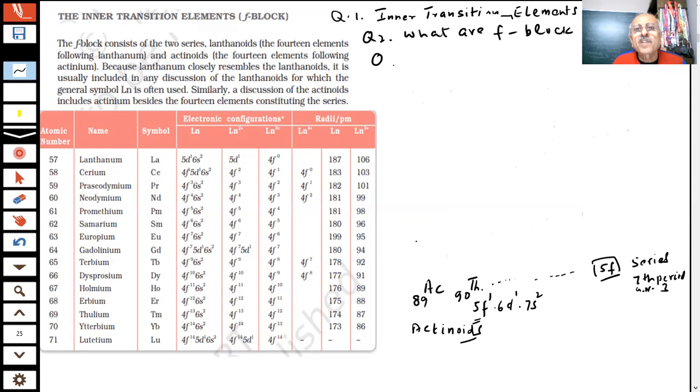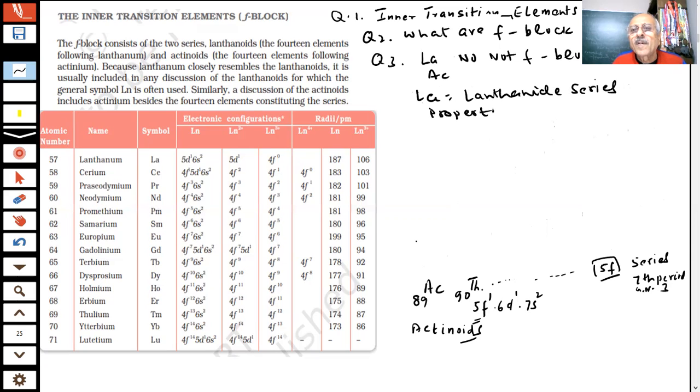Then we ask question number three: are lanthanum or actinium F block elements? No, they are not F block elements, but they have been kept in which series? Lanthanum has been given the lanthanide series because the properties are very similar.